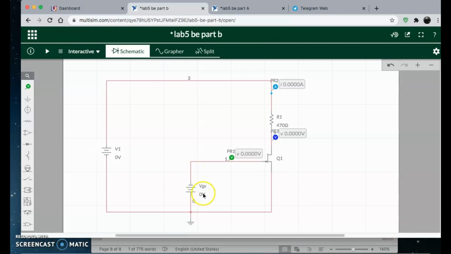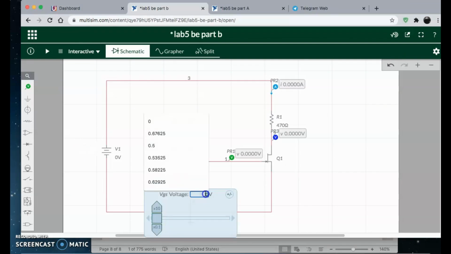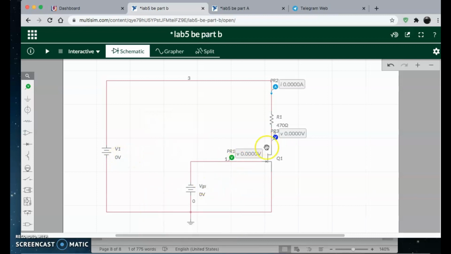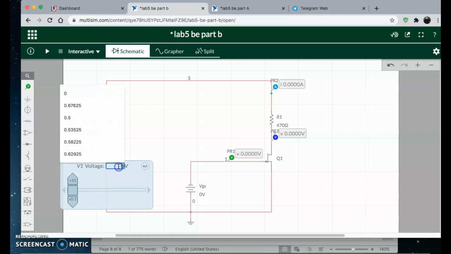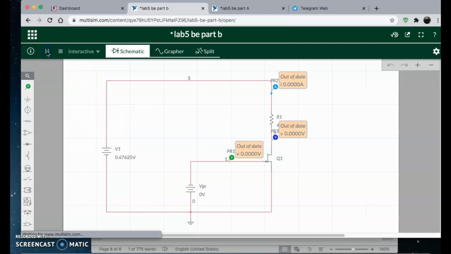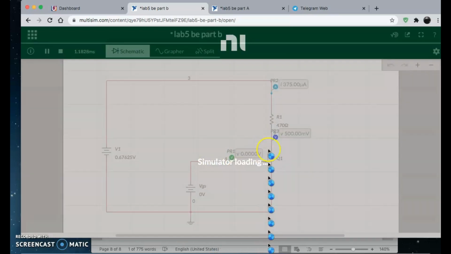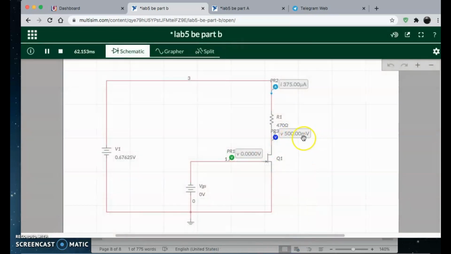So how can I do that? For VGS, we put 0.0 volt, and for this voltage we must put 0.67625, and we got VDS is 500 millivolt.